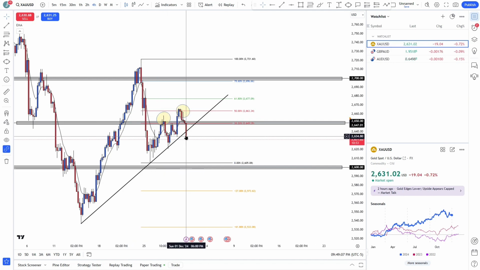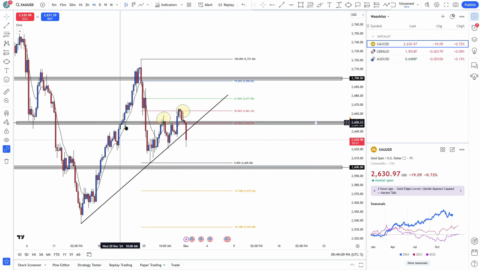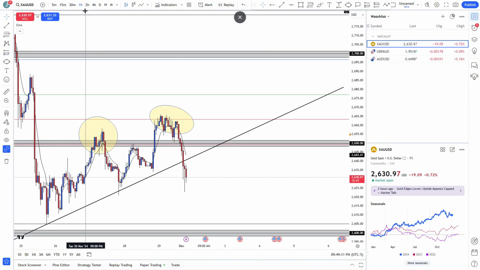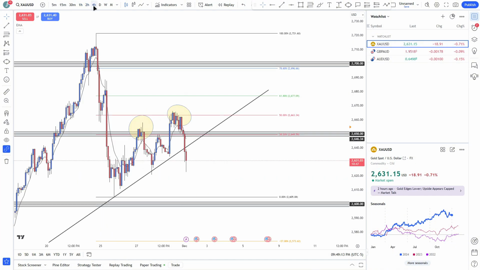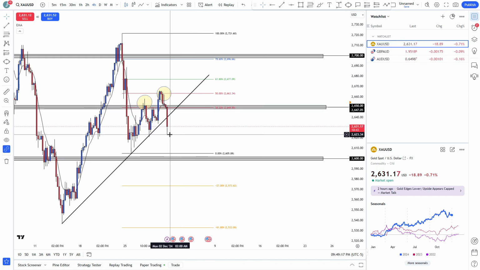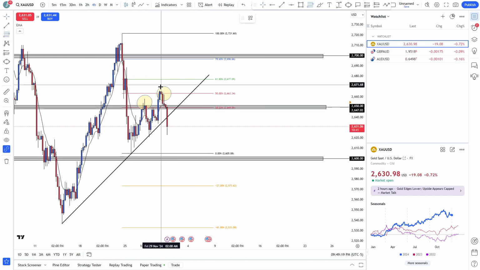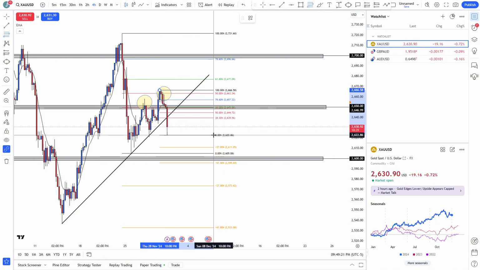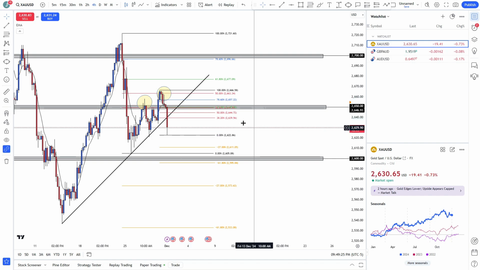Then prices dropping. What I want to see from gold, honestly, is a retracing up. I'm not sure if this is the final point price is going to get to, but if so, with this Fibonacci, just to see where price is going to retrace to.